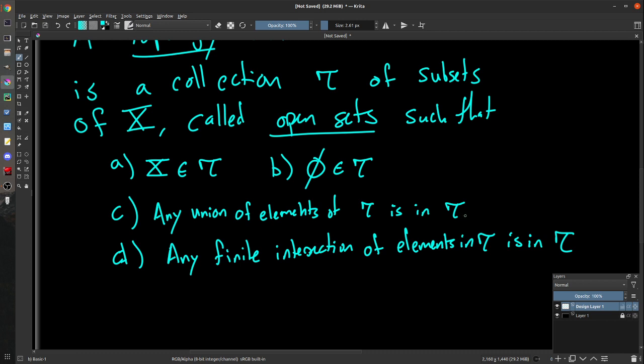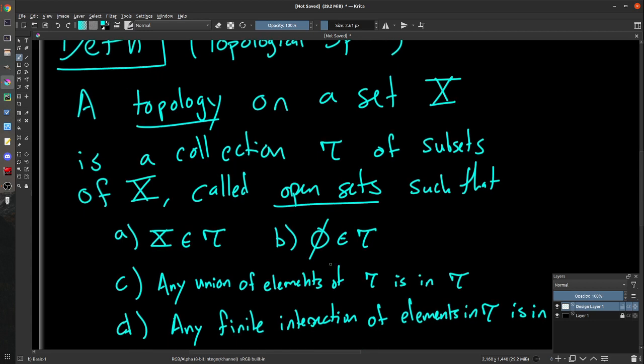So the idea here, it seems very abstract at first. A topology is just a collection of subsets of a set. We'll call them open sets. Just a name. And to be a topology, these so-called open sets have to satisfy some nice things.